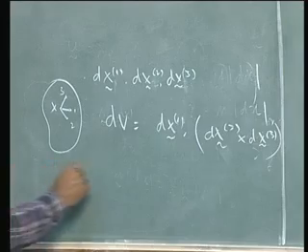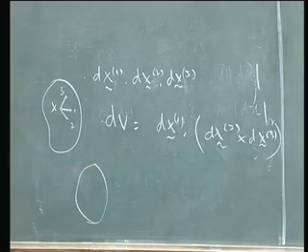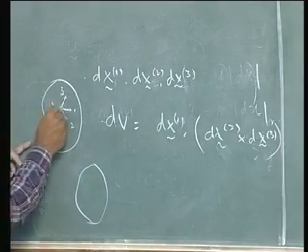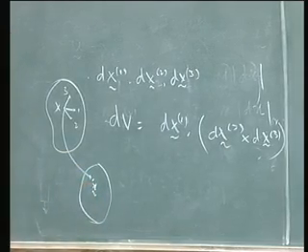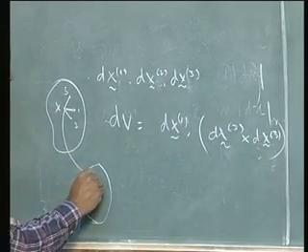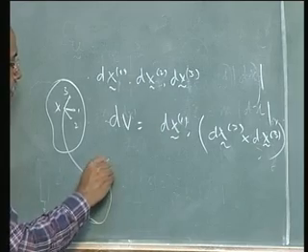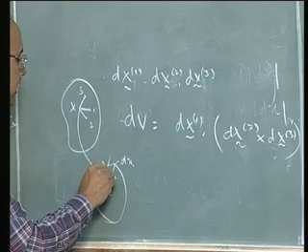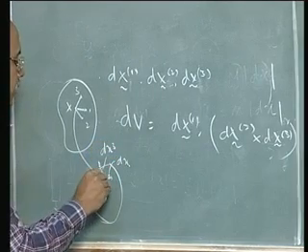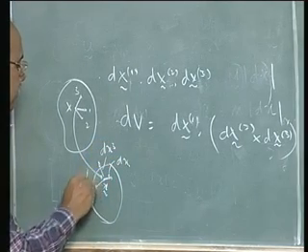So let's say that the body after deformation becomes like this, and that point is now here, that's small x, and the corresponding lines now, that line becomes dx1, that line becomes dx3, and this line becomes dx2.